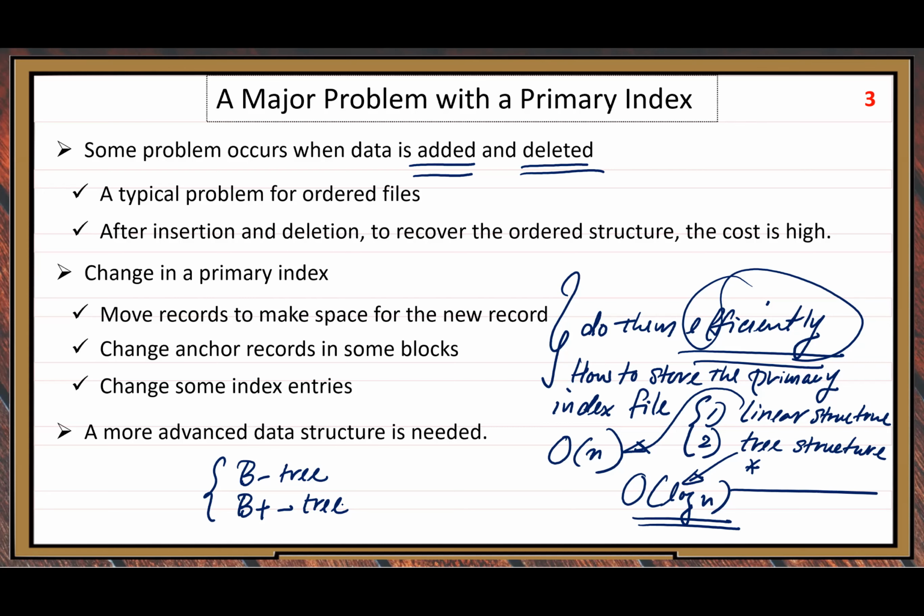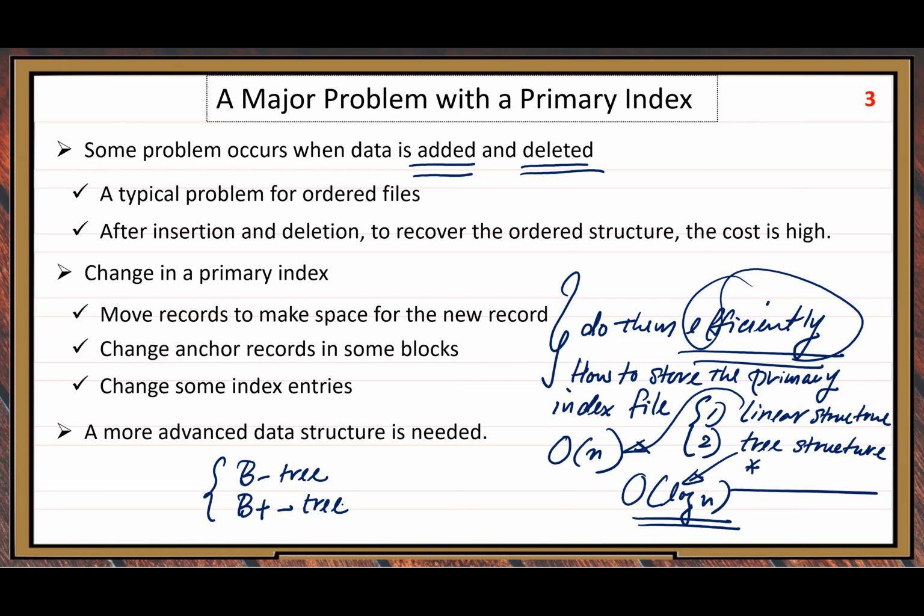Think about when you have insertion, you can insert into this B tree or B plus tree. Let me just use B plus tree, because it's the improved one. When we need to insert a new entry into our primary index, we can make our insertion very fast.